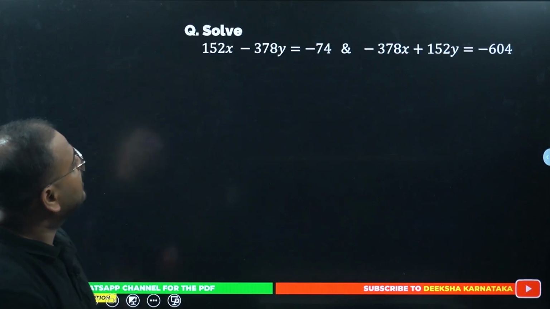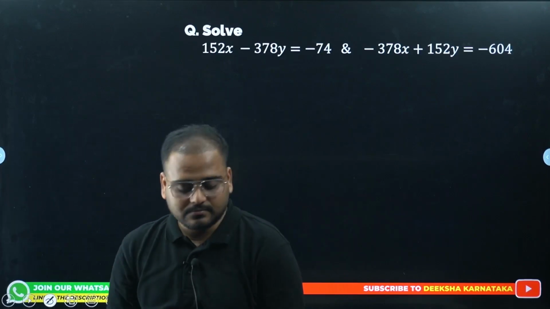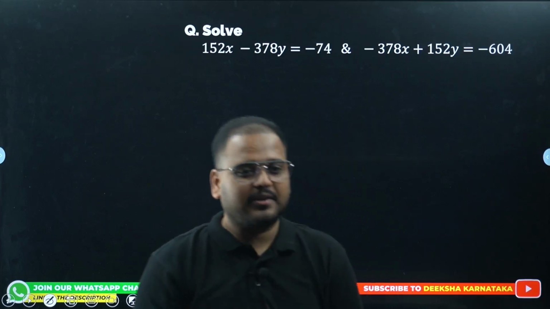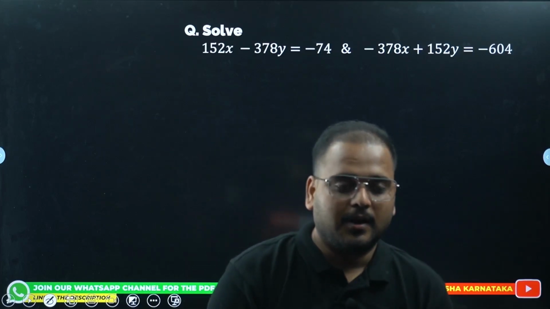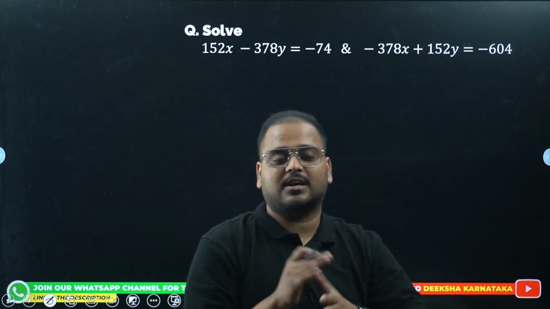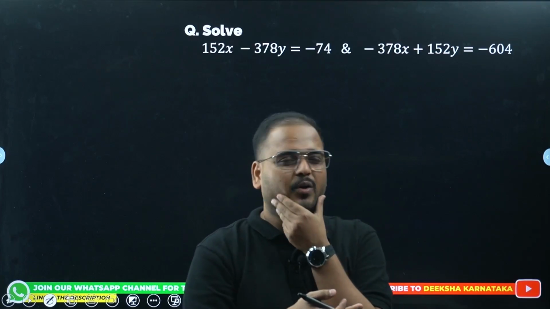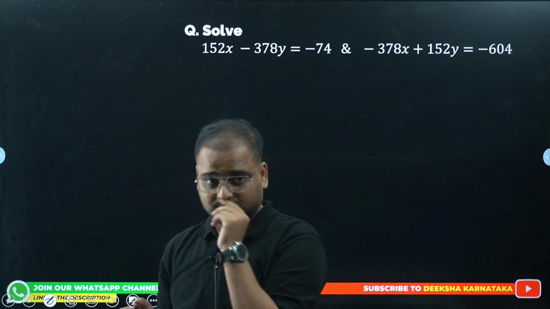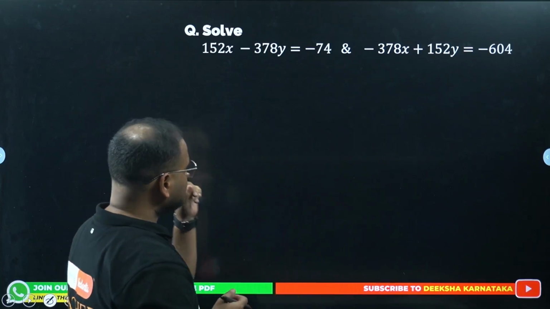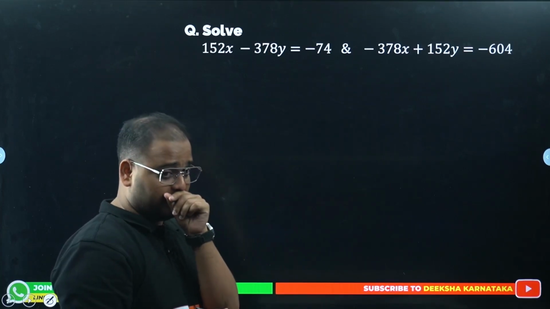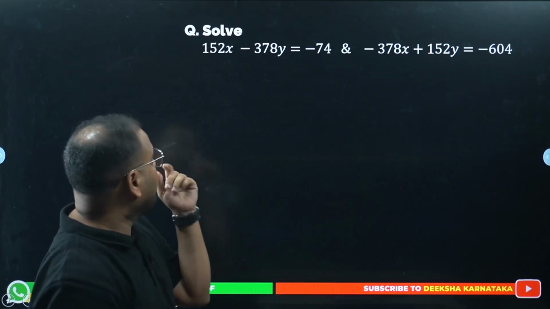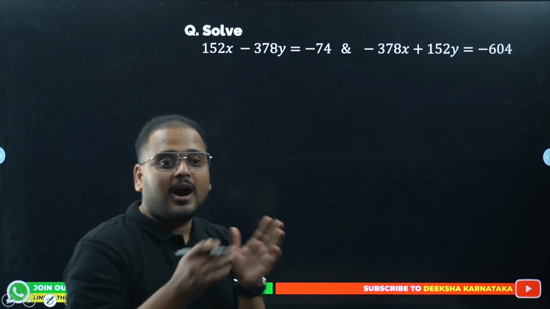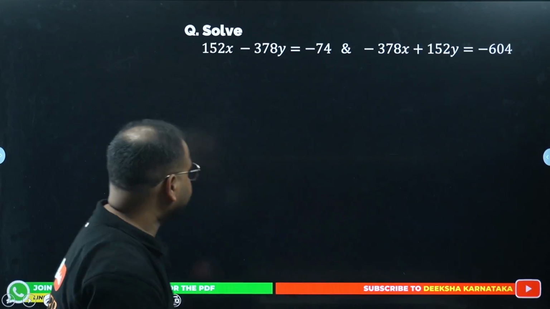Okay? Now this question is not complicated, actually very easy, but there is a pattern in this kind of question. This is one type of question which is repeated all the time in your sample papers, in your PYQs. Whenever the coefficients of x and y are just reversed.